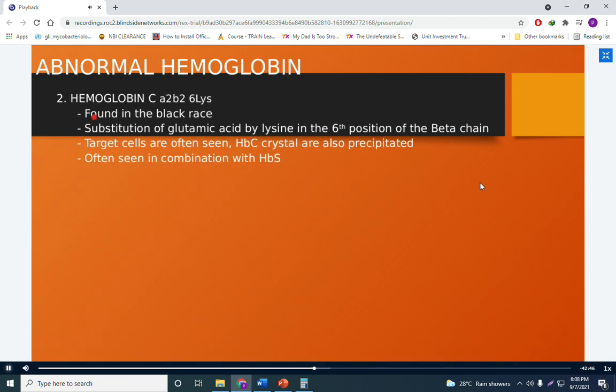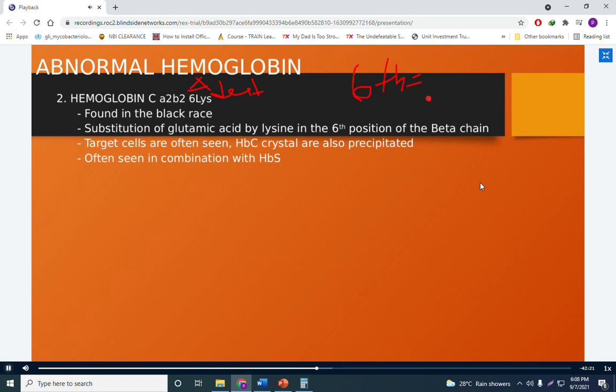Next class, we have your hemoglobin C, alpha 2, beta 2. So 2 alpha 2 beta chains again. So this is again normally an adult hemoglobin. And sa case na to class, 6 lysine. So again, yung 6 position, class anong amino acid dapat yung nandito? Anong normal na amino acid for this?